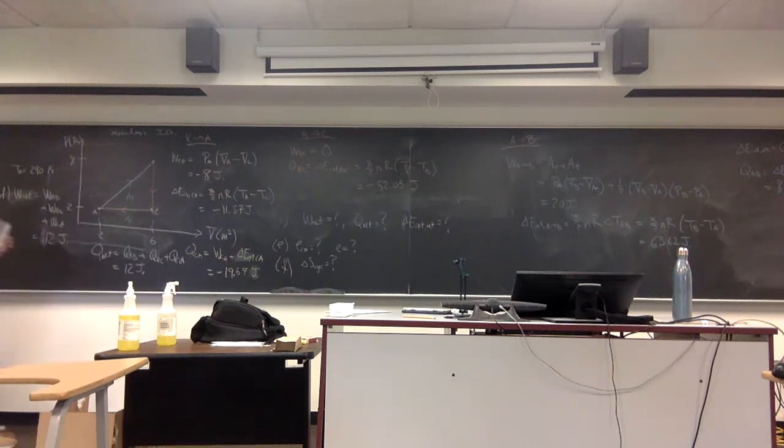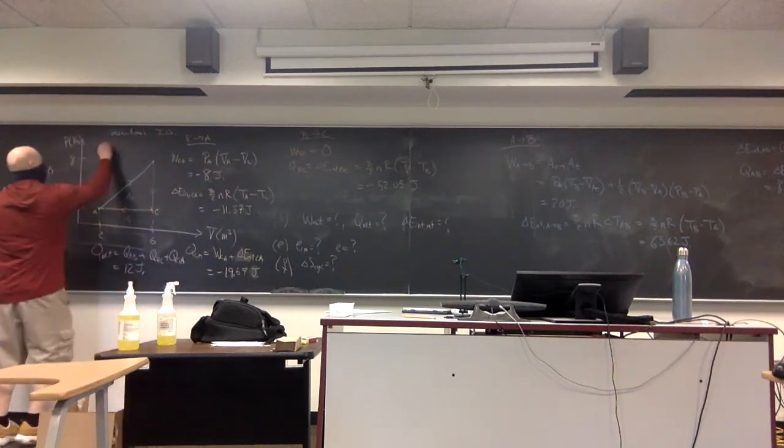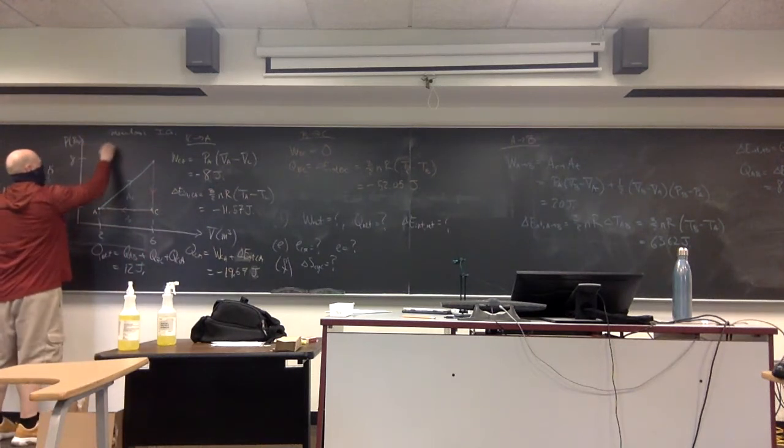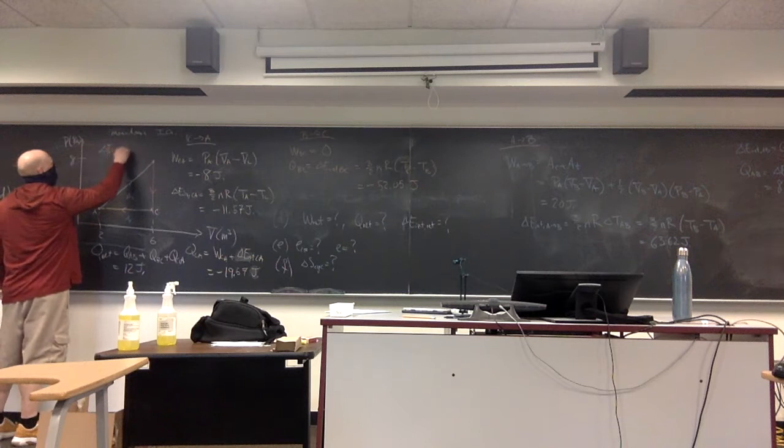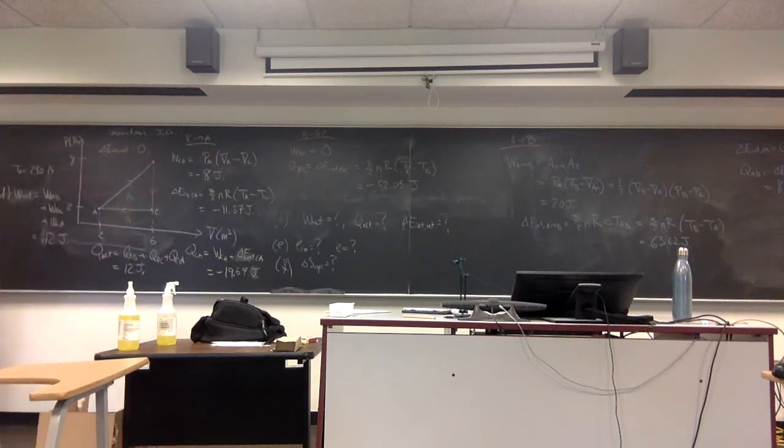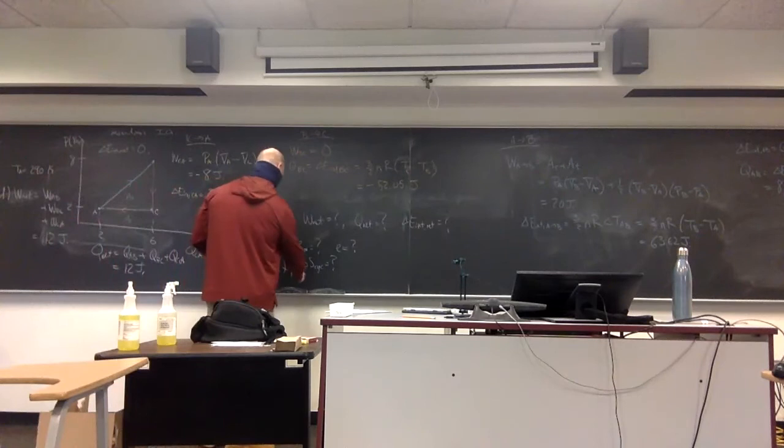My net change in internal energy is then simply equal to 0, which I could have gotten without actually adding all these things together, because the change in internal energy for any cyclic process must be equal to 0, which is why these two things have to be equal to each other. So again, if I simply add all these things together, I would get 0.